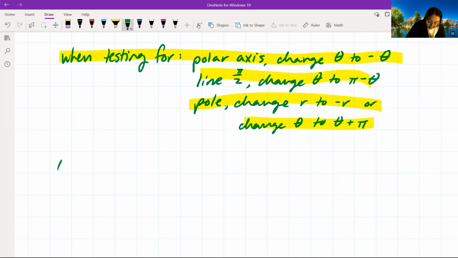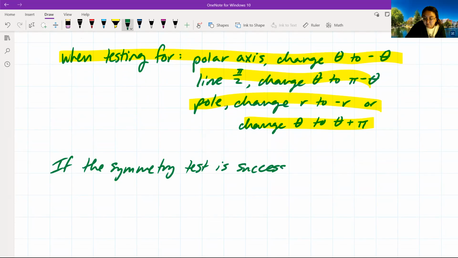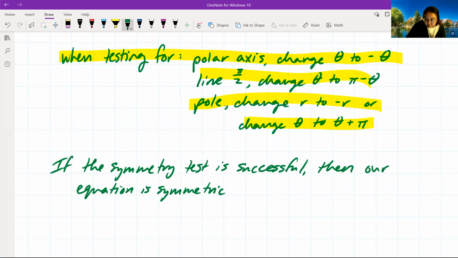So if the symmetry test is successful, then our equation is symmetric about that object.